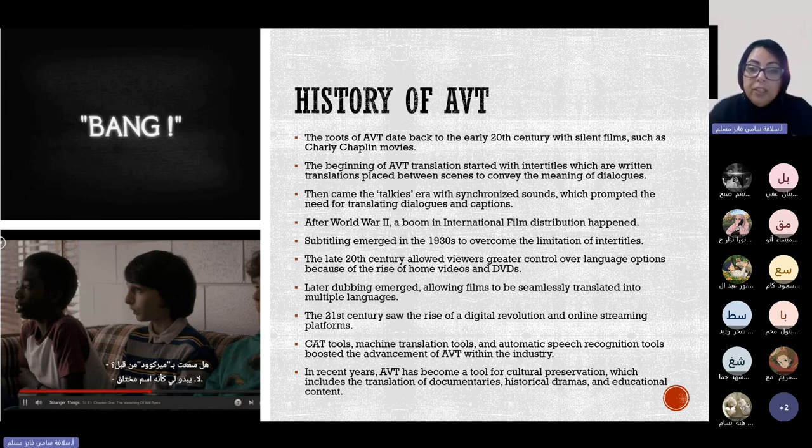They were called intertitles. Now when home videos developed, which you don't know, but we had videos, I mean cassettes and DVDs, okay, there was development in translation and we had subtitles, and dubbing started to come out in the 20th century. We are saying the peak of dubbing was in the eighties, subtitles were in the seventies and eighties, okay. Then now in this era we have everything we need. We have, as I said, the audio description, we have closed captions, we have a better quality of dubbing, we have a better quality of subtitles.